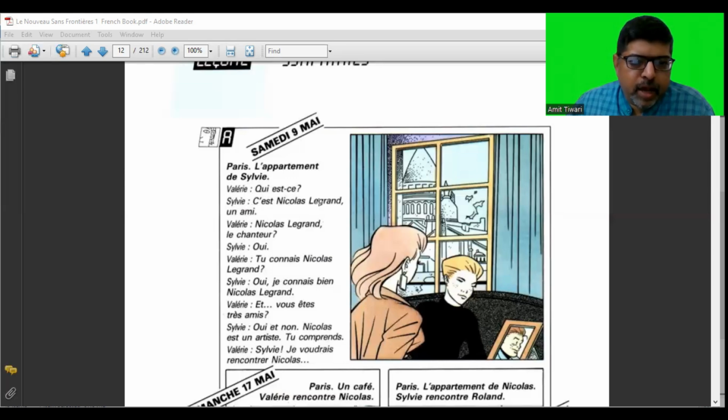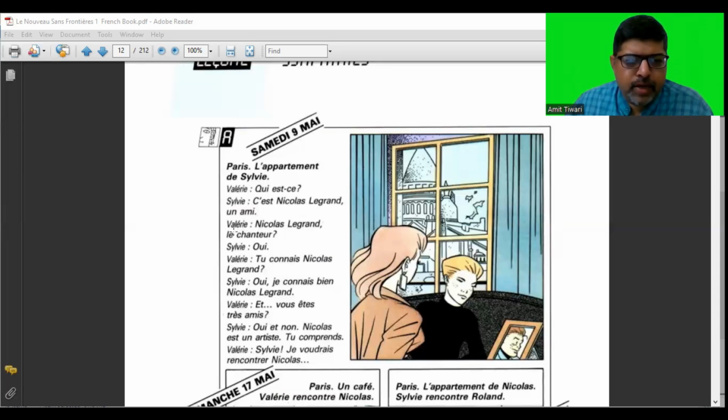This particular person is Nicolas Lego, a friend, meant for a gentleman who is a friend. In French, there are two forms for friend: ami is a male friend, and amie is a female friend.